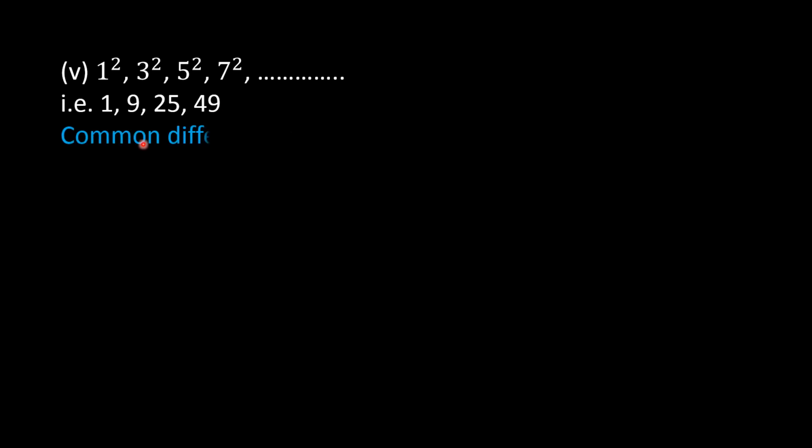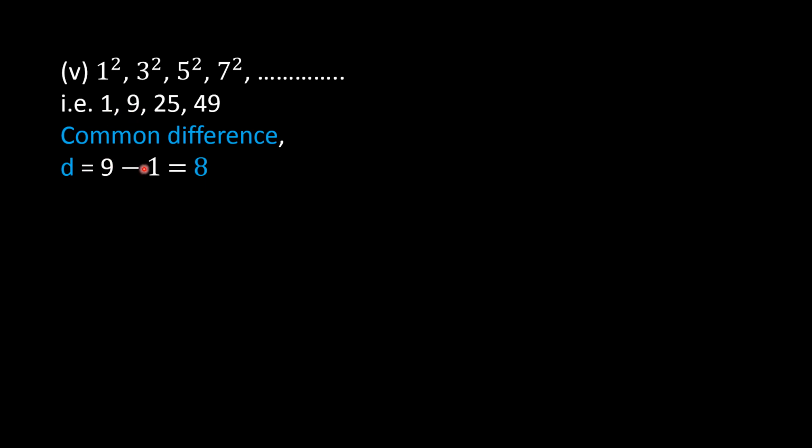The next list of numbers is 1 squared, 3 squared, 5 squared, 7 squared, and so on. That is, 1 squared is 1, 3 squared is 9, 5 squared is 25, 7 squared is 49, and so forth. Here we will find the common difference d first by using 9 and 1.